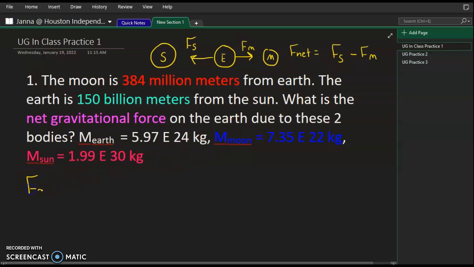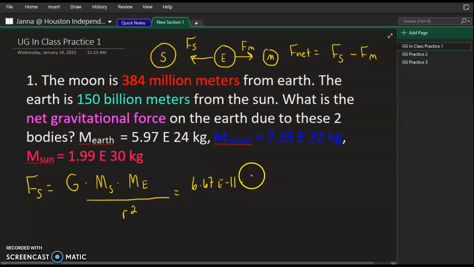So starting with the force of the sun, that's going to be G times mass of the sun times mass of the Earth divided by the distance between these objects squared. G is 6.67 E negative 11, times the mass of the sun, which is given, 1.99 E30, times the mass of the Earth, 5.97 E24.